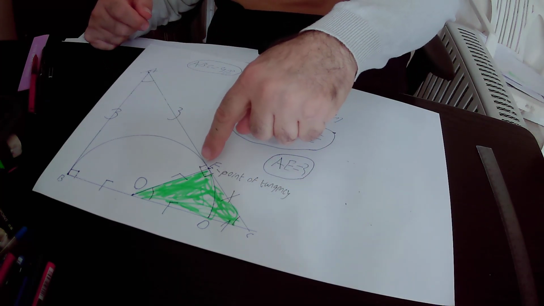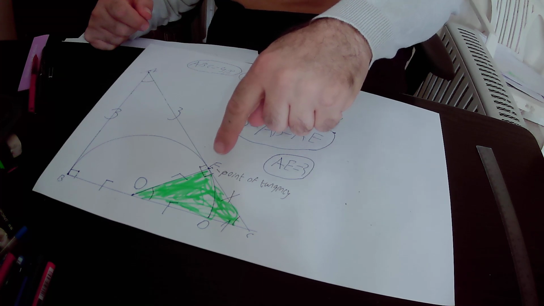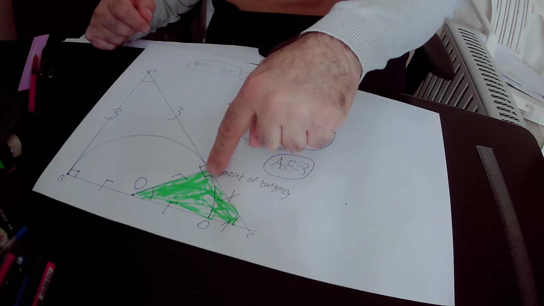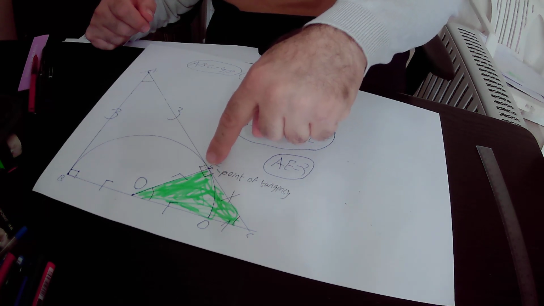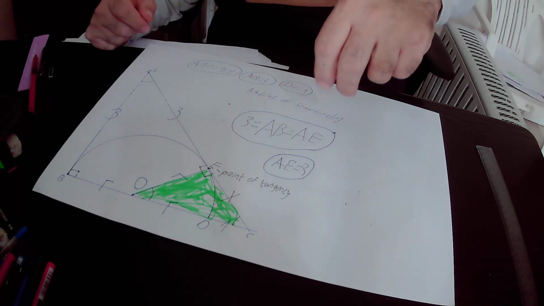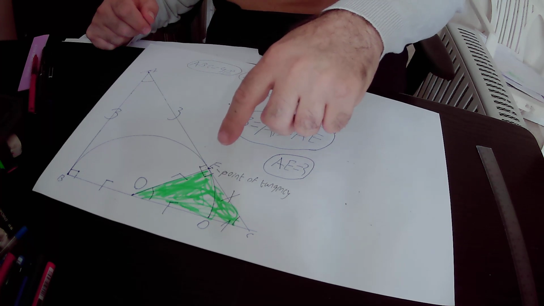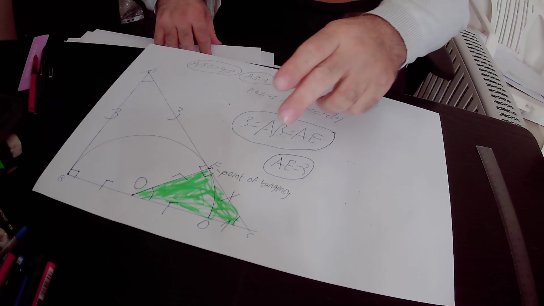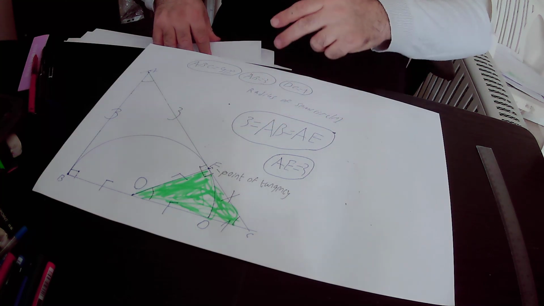That is to say, this angle will be equal to 90 degrees and this angle will also be equal to 90 degrees. And because angle OEC is a right angle, the green triangle OEC is a right triangle. So we will focus on the green right triangle OEC.